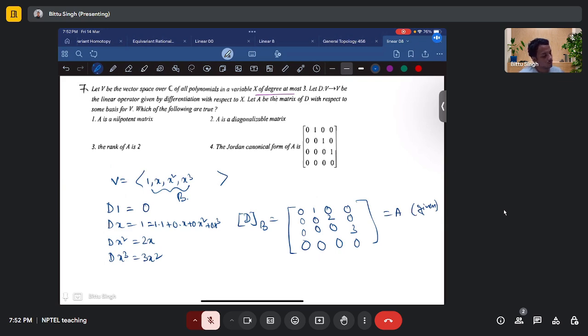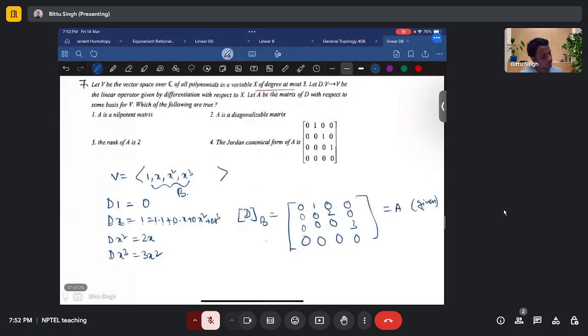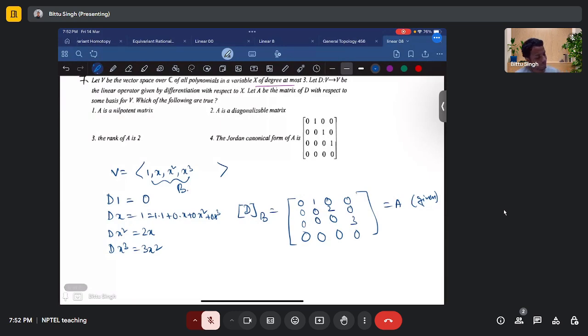Now, for example, what will be A square? A square means the first row becomes 0, second row will also be 0. Similarly, the next entries will be like this.